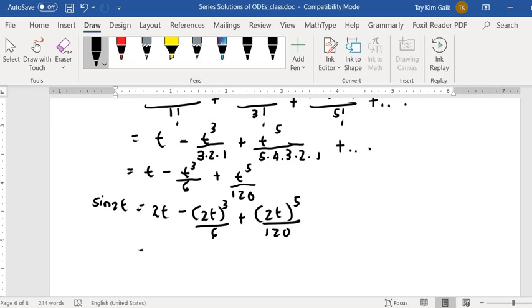So you get 2t minus 8t cubed divided by 6 plus 2 power 5, which is 32, t power 5 divided by 120.